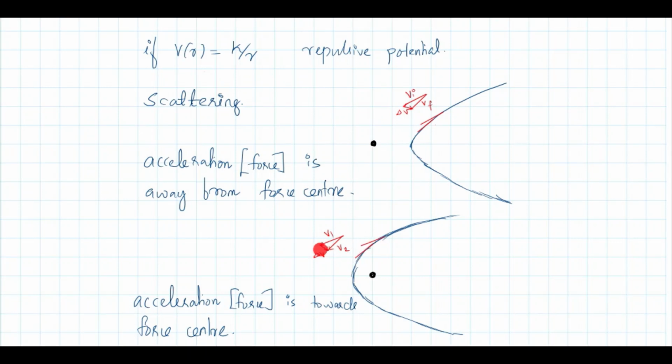So the change delta v is pointing towards the force center. So acceleration is towards the force center, that is, force is towards the force center. So in the case of an attractive potential, the trajectory will go around the force center, and in the case of a repulsive potential like scattering cases, the trajectory will be like this.